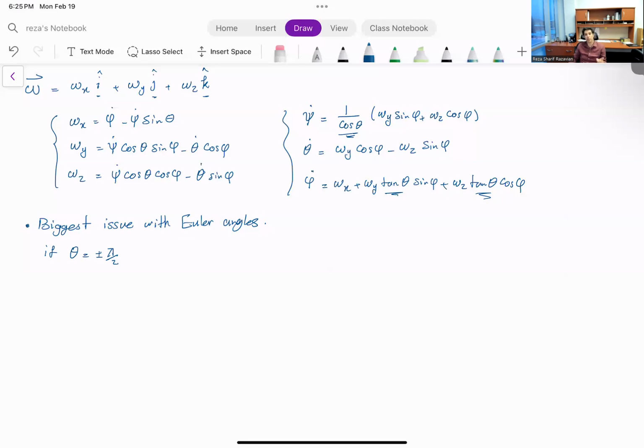But because we have chosen Euler angles to describe its rotation, that particular formulation has this limitation that for a specific combination of angles, you always run into a situation where your rate of change of Euler angles just blows up to infinity.